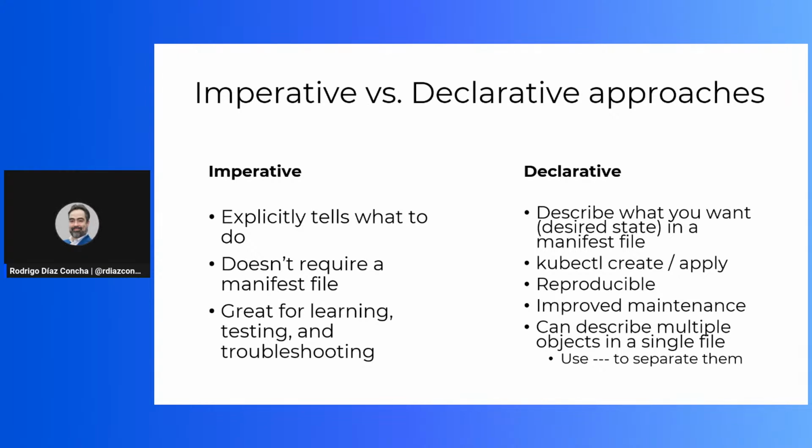This is where you use an imperative command such as kubectl run, right? Or kubectl create, right? And on the other hand, the declarative way is when you use a manifest file that is most of the time a YAML file. It could be a JSON file as well. However, in Kubernetes, it's more common to use YAML files, okay?